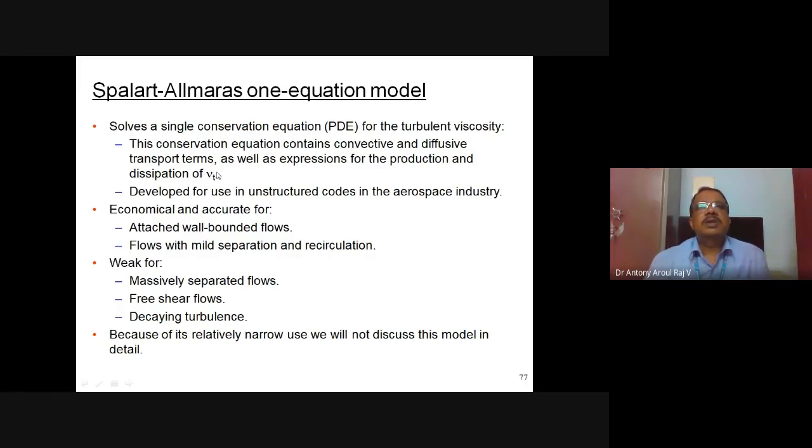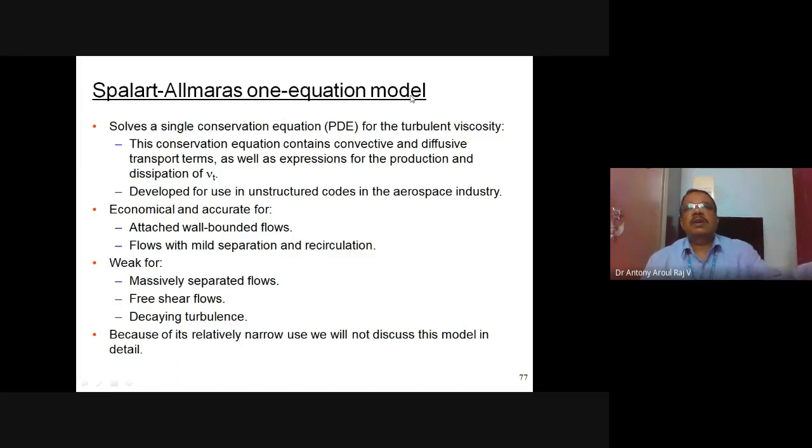So for each node I have to solve for this turbulent viscosity. If I am calculating the turbulent viscosity, then I have it in my hand, and I just have to give it in the equation set. Before introducing it, the profile will be laminar. Now if I introduce turbulent viscosity, it will become a turbulent profile, and from that I can solve. This is called the one equation model.